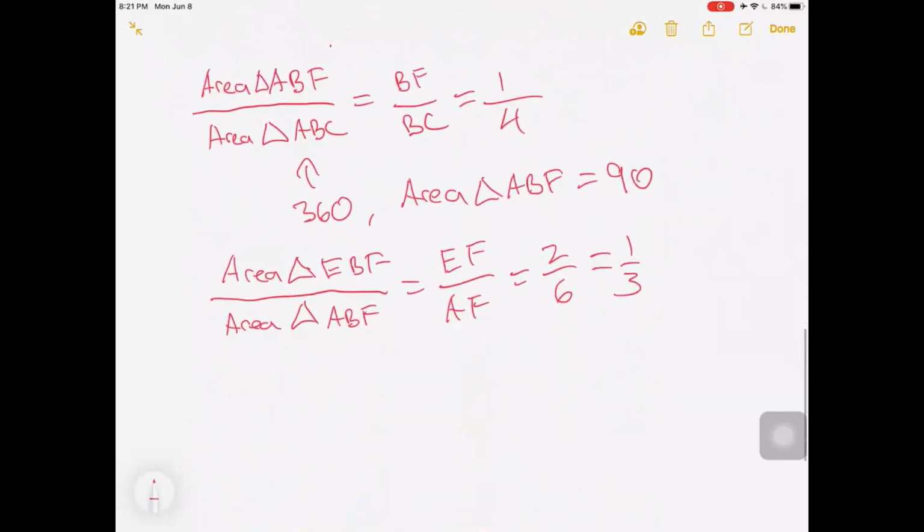And since we know that the area of ABF is 90, we know that the area of triangle EBF is equal to 90 over 3, which is just 30.